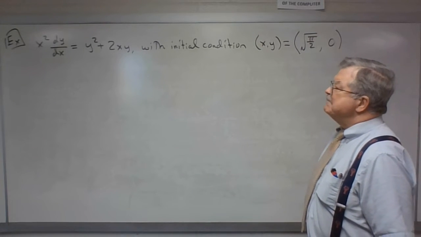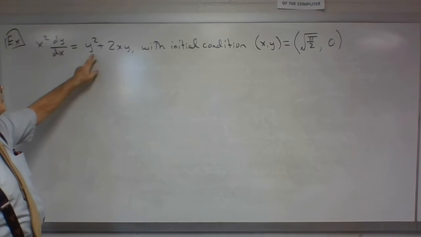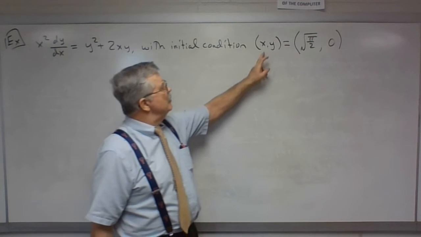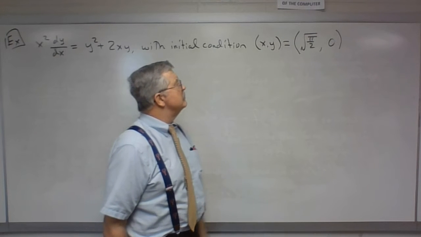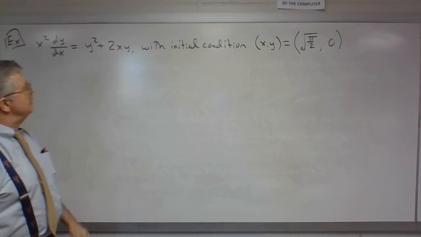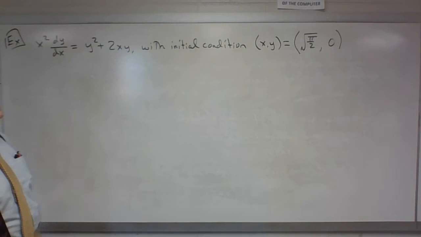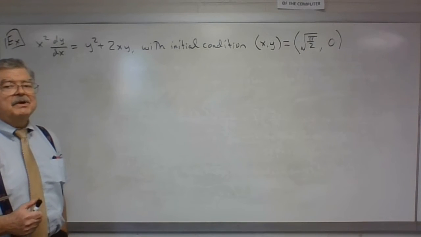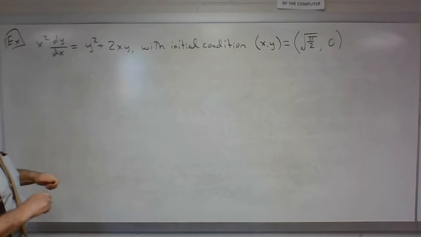Let's look at a few examples. Let's try this one. x squared dy/dx equals y squared plus 2xy, with initial condition when x is square root of pi over 2, y is 0. Now, I don't think we can separate the variables, but with the standard transformation of v equals y over x, I think we can turn it into an equation in which the new variables can be separated.